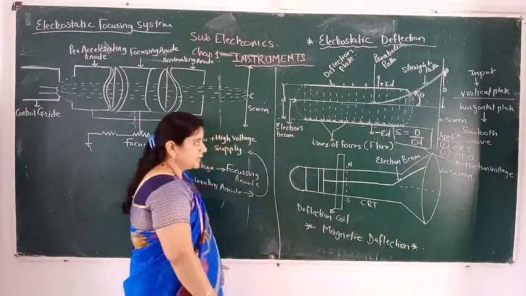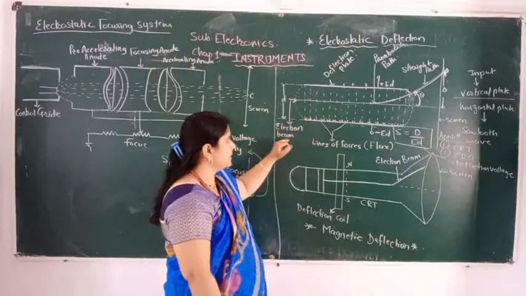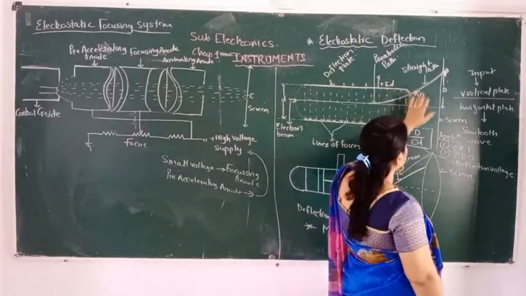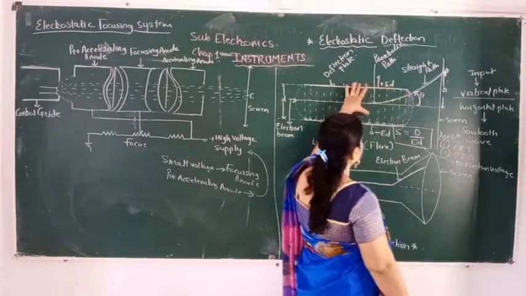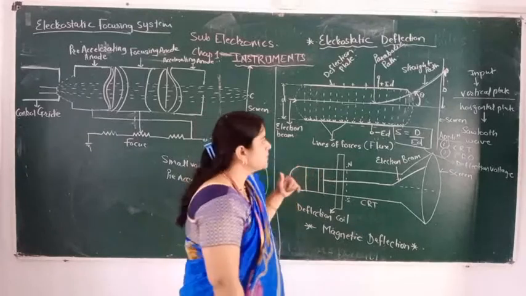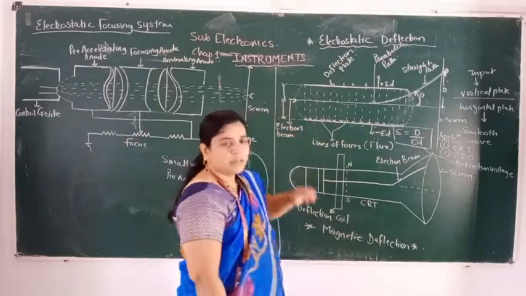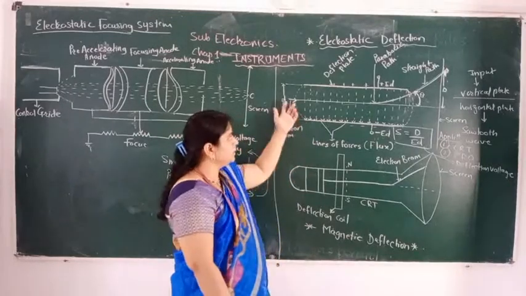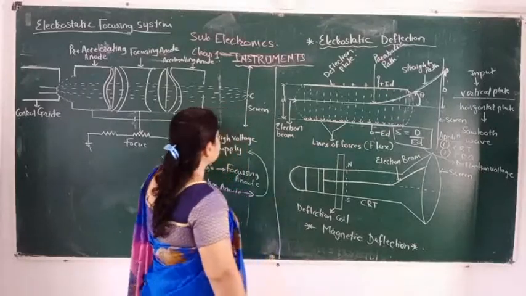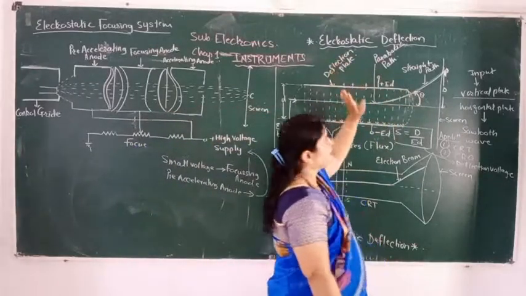Okay. So electrostatic deflection has an electron beam, deflection path, parabolic path, straight path, and two plates, positive plate and negative plate, with positive voltage ED and minus voltage ED. If the electron beam supply is applied, the beam would flow in a straight line in this figure, but it does not flow in a straight line in electrostatic deflection.